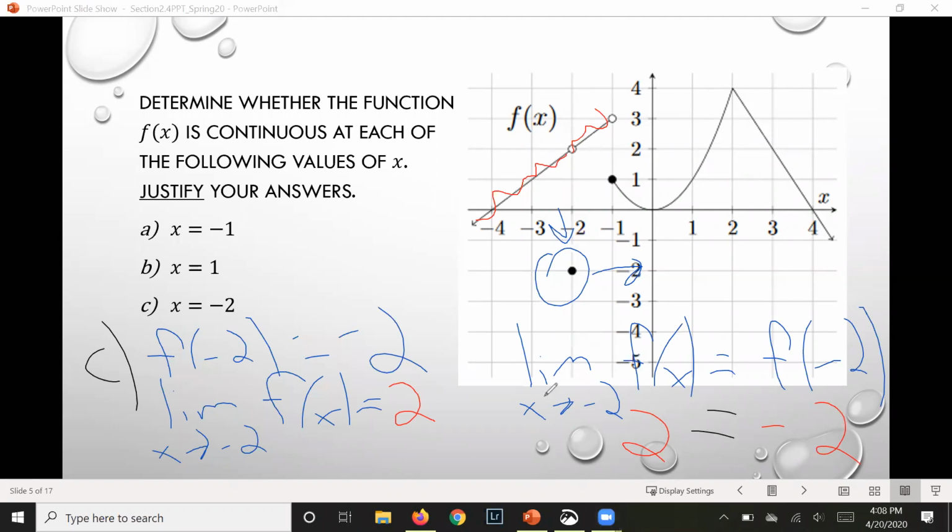No, they're not, right? So those are not equal, so therefore it fails that condition. So we know that at x equals -2, the function is not continuous. Okay, so for x equals -1, we saw not continuous, x equals 1 continuous, and x equals -2 not continuous.